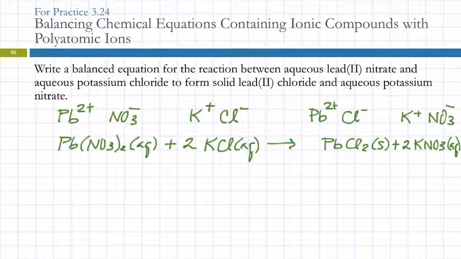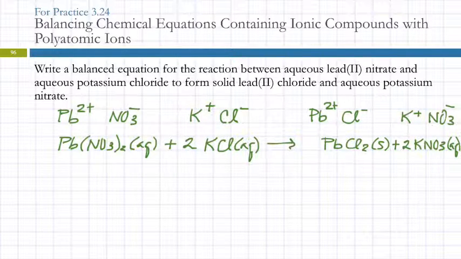Mm-hmm. So if you just happen to miscalculate, you can just take it off and subtract by 2, right? That's a good question. So what if you end up with your coefficients here and it's not the lowest ratio? Then what you want to do is divide all of them by the common factor. Yeah.